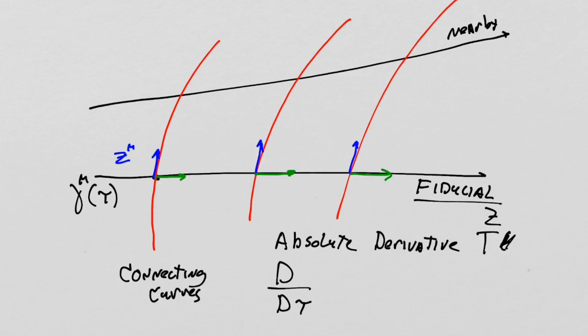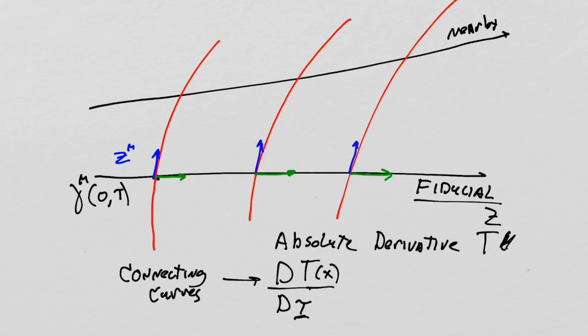Well, the way we're doing it, I should write it this way, gamma of 0 tau. So with that in mind, t is a function, of course, of space-time. So I'm asking, what is this absolute derivative of t as we increment the parameterization of the fiducial geodesic?